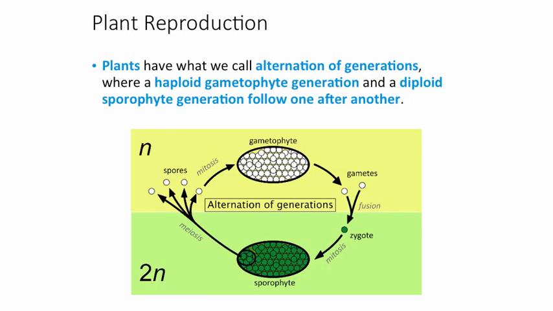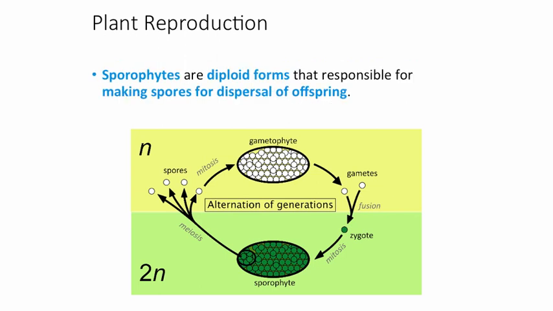So plants have what we call the alternation of generations. We're going back and forth between this haploid gametophyte form and these diploid sporophyte forms, and they go one after the other. One gives rise to the other, and so on. The sporophytes are always the diploid forms, and they make those spores through meiosis, and those spores are actually really important for dispersal.